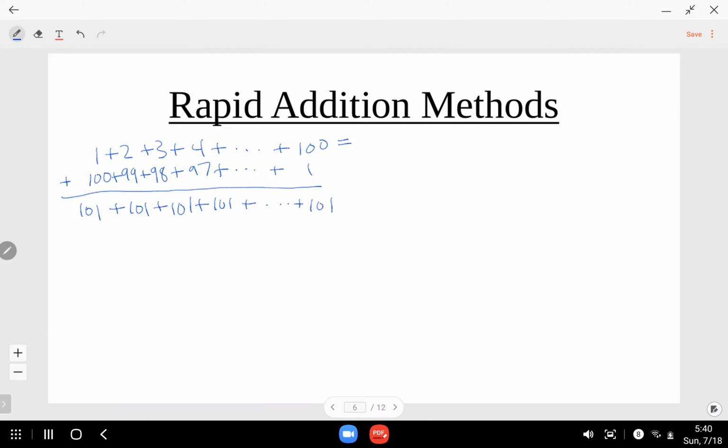All right, that's what we have here. So let's just add it up. We have 100 numbers here, 1 through 100, right? So 101 times 100. But we're not done yet. We have to divide that by 2 because we have 2 sets of these numbers. So it's going to be 101 times 100 divided by 2, which equals 5050. All right, we're done here.